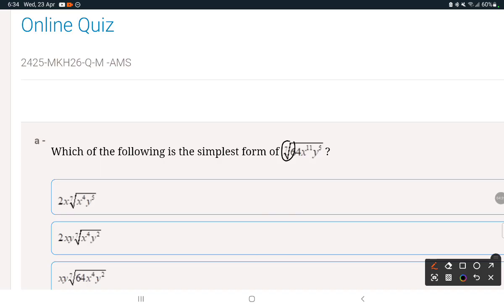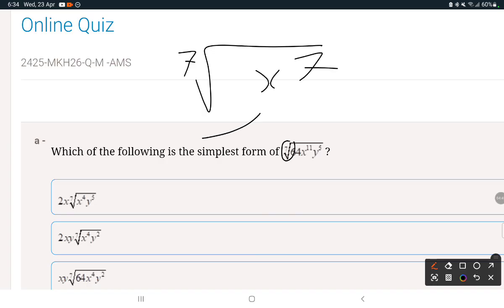Whatever that number is, the numbers and the variables inside the radical have to be to the power of that number for them to be able to go outside. Let me give you an example. X to the power of 7, when you take it outside, it will be x, because of the 7. So when you take it outside, it's just going to be x.